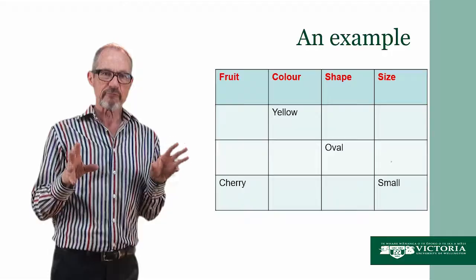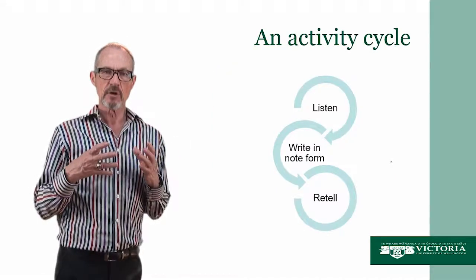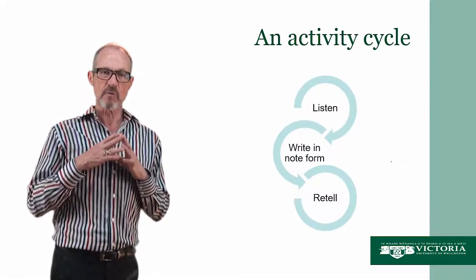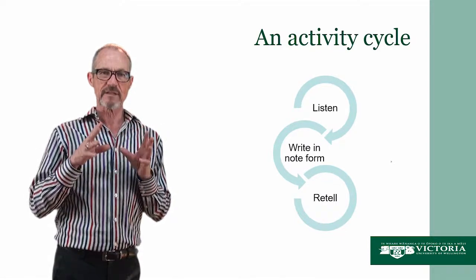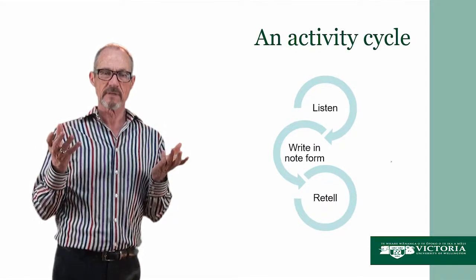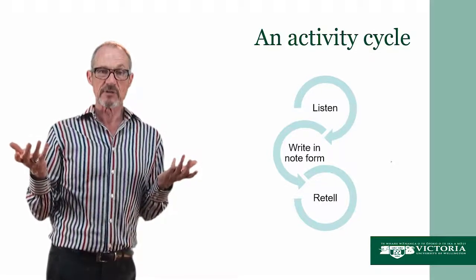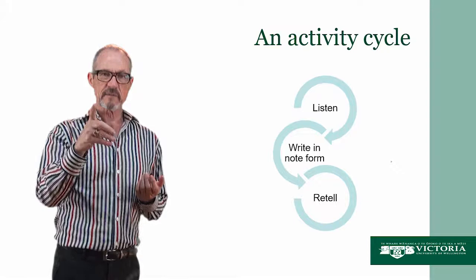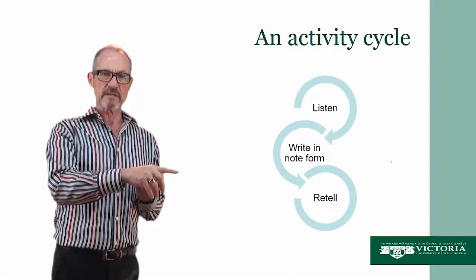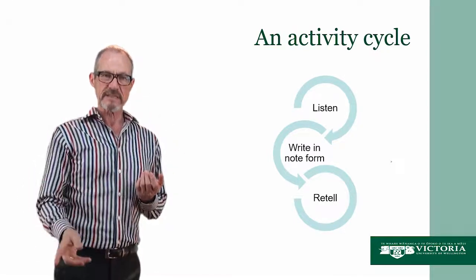Now, this is something we should really encourage because it leads to what I believe is a great way of planning lessons, which is the way of creating an activity cycle. So here, using information transfer, in the first cycle, you're listening to the information, then you are writing it in note form, and then you are retelling it.